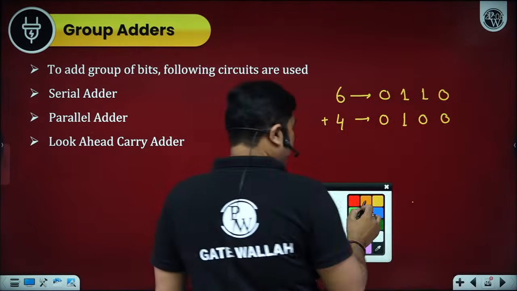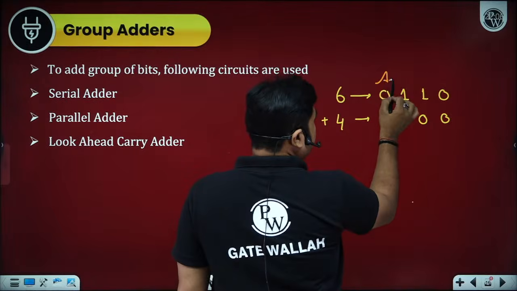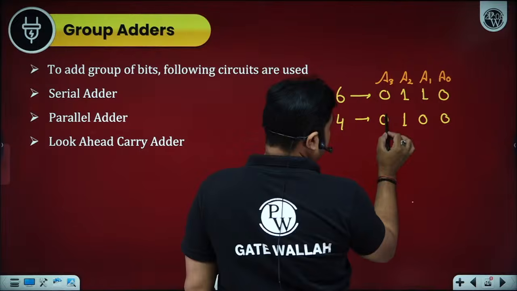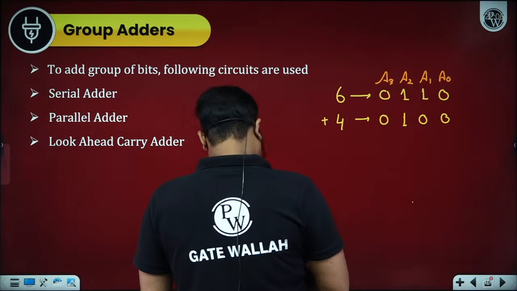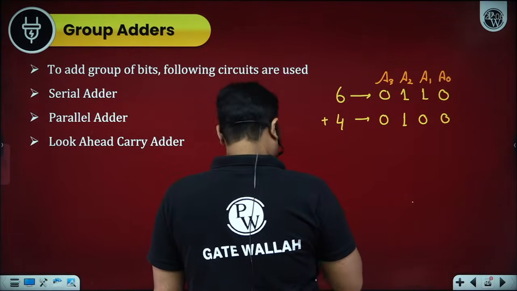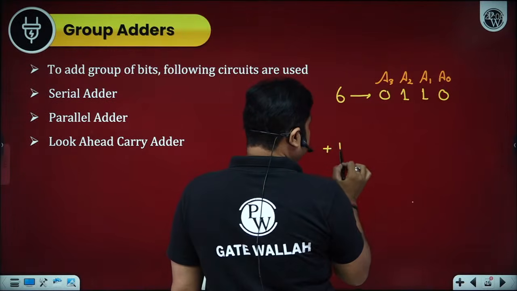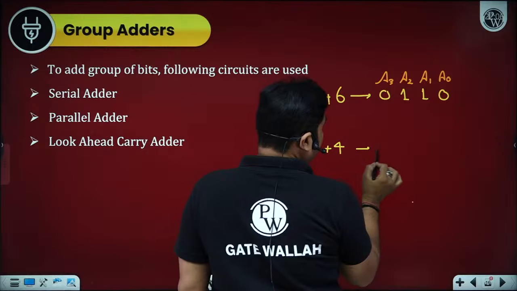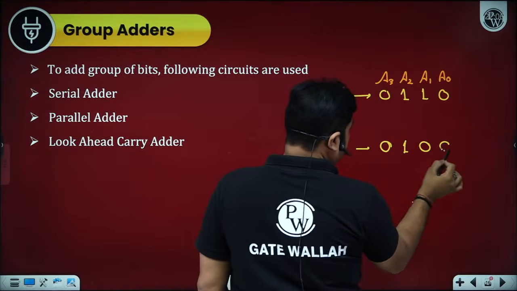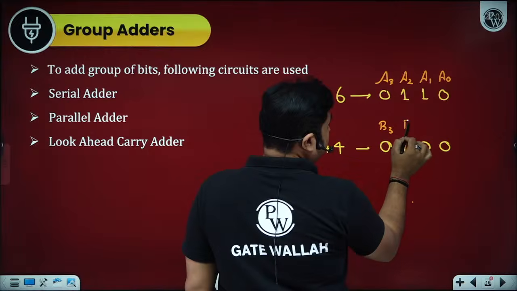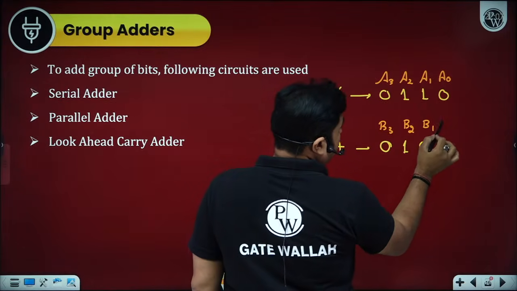One number is the A number, represented as A3, A2, A1, A0. The other is the B number, represented as B3, B2, B1 and B0.